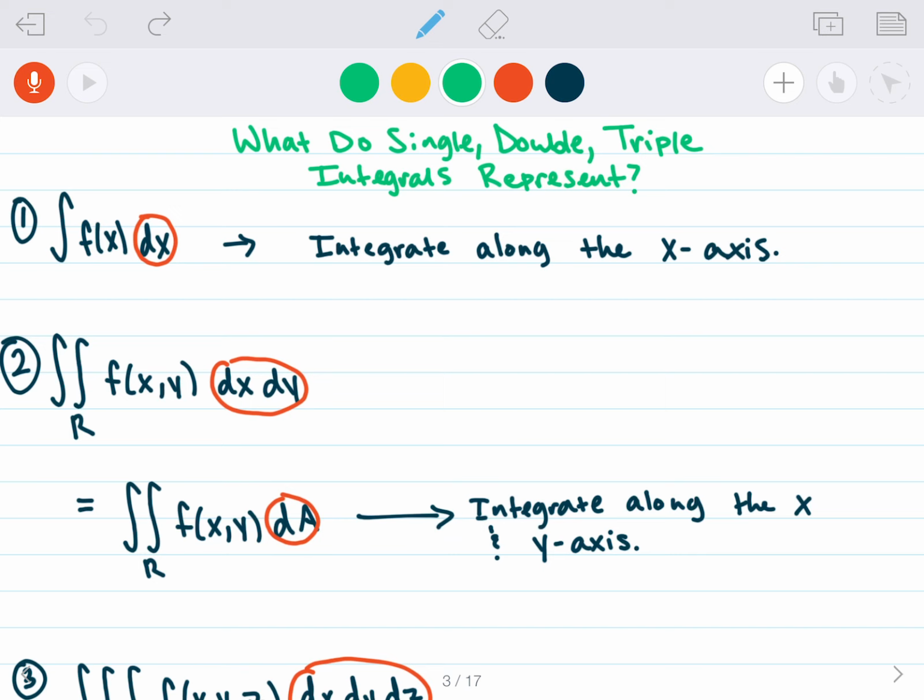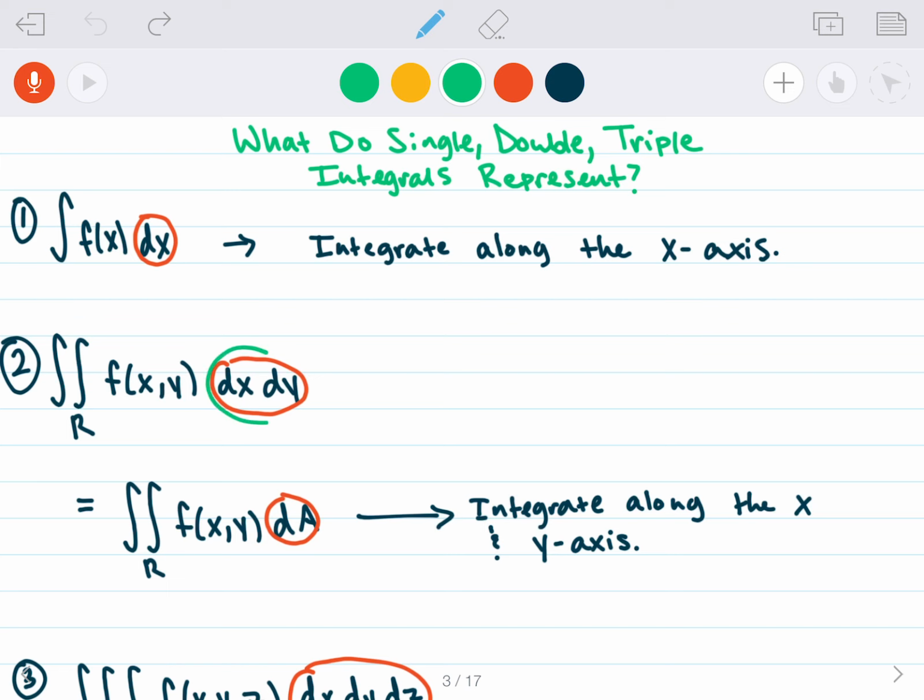Now last week we talked about integrating on a region. So we're integrating along the x and the y axis this time. Sometimes we integrate with respect to x first and hold y fixed. And sometimes we can switch the order and integrate with respect to y first and hold x fixed.